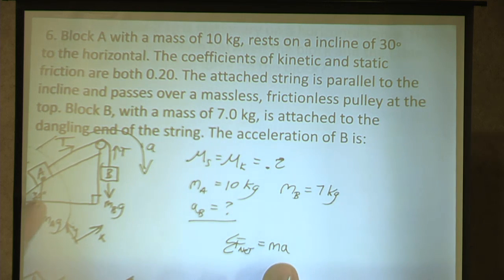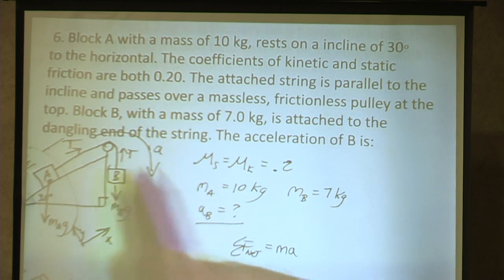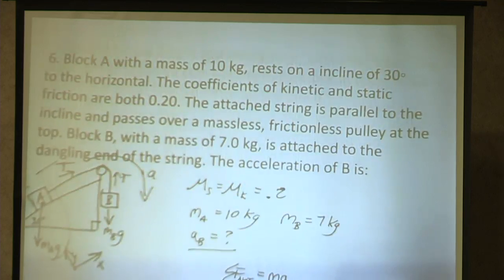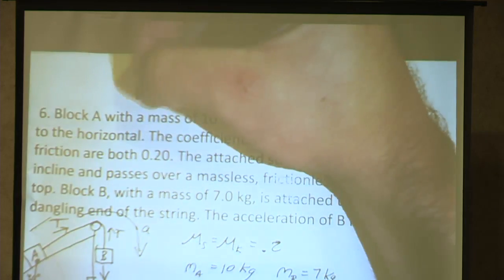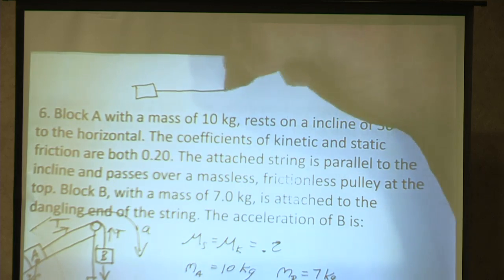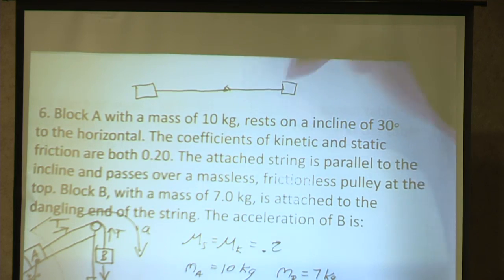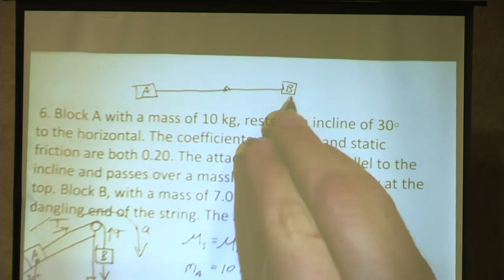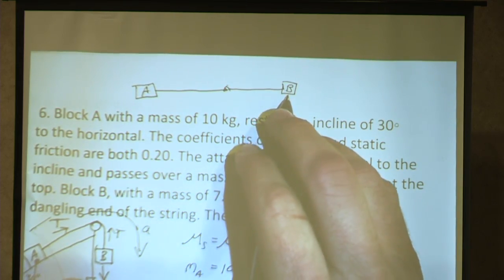Okay? So what mass is really being considered? I just said because the strings are connected, like in the second problem we did, those strings are connected, right? So we've got basically this, and there's like a pulley, and then there's another. If block A moves at all, then block B moves with the same acceleration because they're tied together.